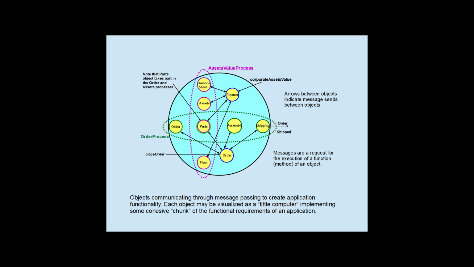The objects of the application are shown as yellow circles within the blue circle. The objects are communicating through message passing to implement the overall functional requirements of the application. Each object may be visualized as a little computer implementing some cohesive chunk of the functional requirements of the application.